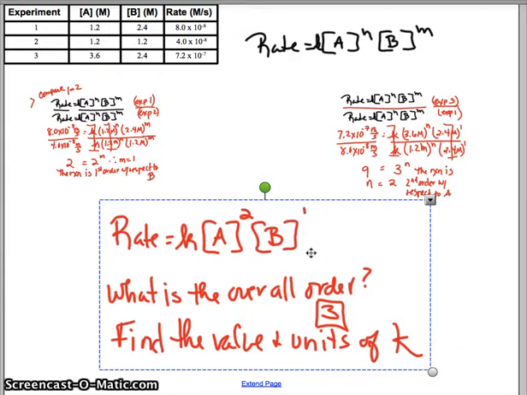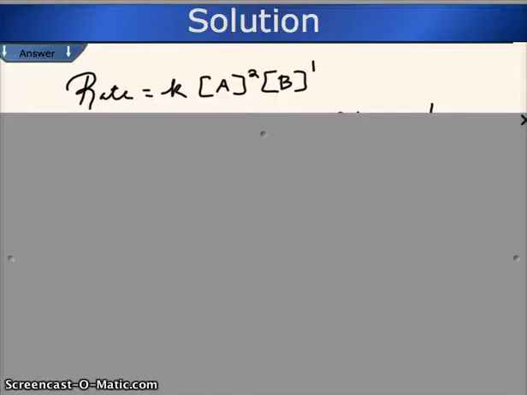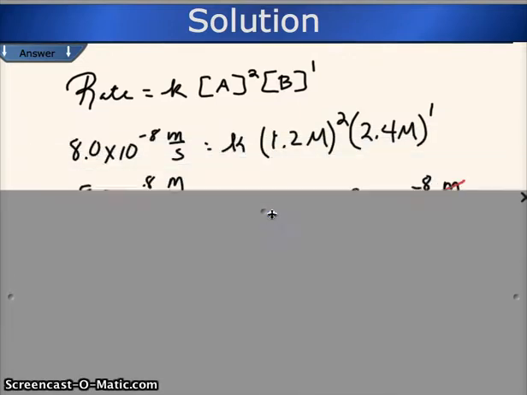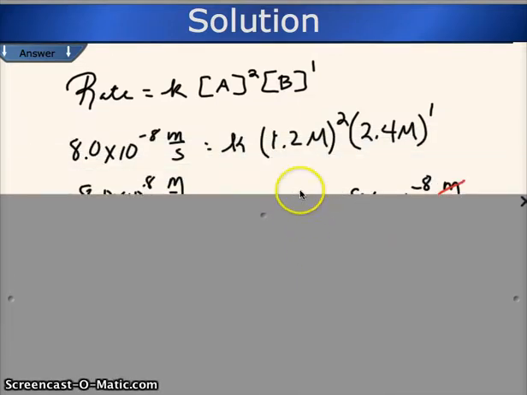Finally, I'm going to ask you to find the value and the units of little k. To do that, you're going to plug one of the experimental values into the rate law expression. I chose experiment 1. So here you go. I've got 8 times 10 to the negative 8 molar per second, that is the rate, is equal to K times 1.2 molar squared, because it's second order, times 2.4 molar to the first order.